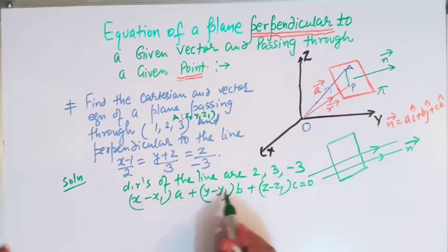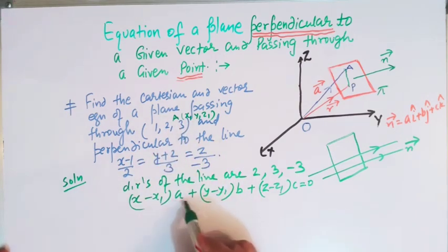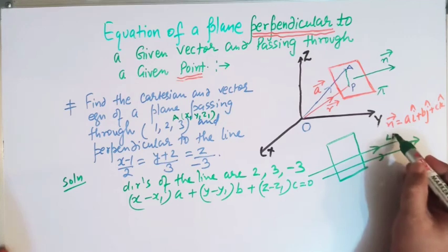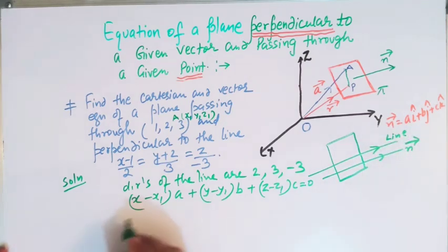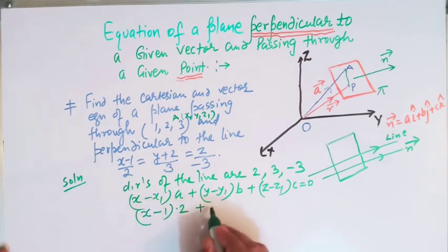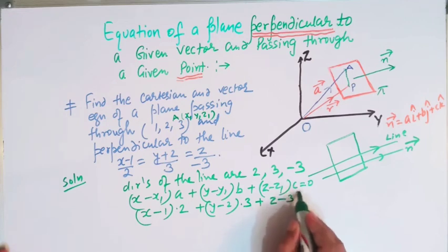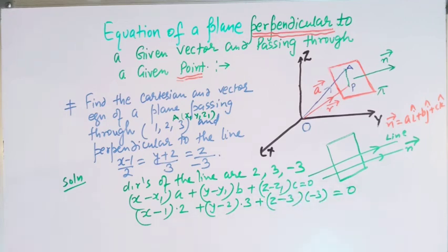Now here x1, y1 and z1 is the point 1, 2 and 3, and a, b, c are 2, 3 and minus 3, because the normal is parallel to the line. So we have (x minus 1) times 2, then (y minus 2) times 3, and (z minus 3) times minus 3, that is equal to 0.